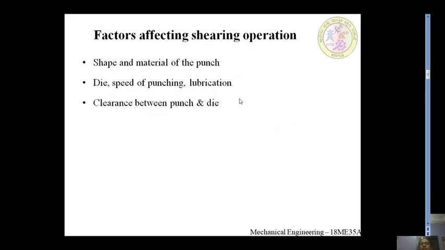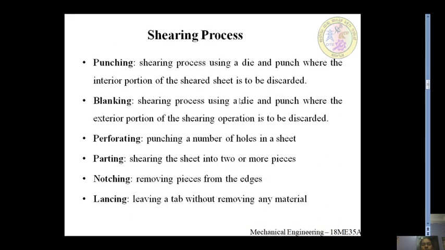The factors affecting the shearing operation are the shape and material of the punch and die, speed of the punching, lubrication, and clearance between the punch and die. In the first session we have seen this shearing process.